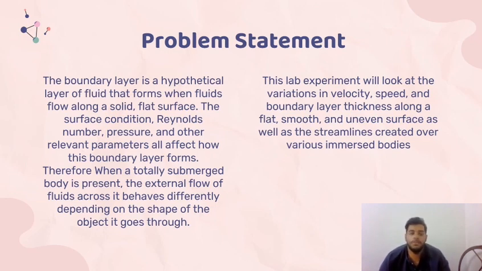Therefore, when a totally submerged body is presented, the external flow of fluid across it behaves differently depending on the shape of the object it goes through. In this lab experiment, we will take the variation in velocity, speed, and boundary layer thickness along flat, smooth, or uneven surfaces, as well as the streamline created over various immersed bodies.